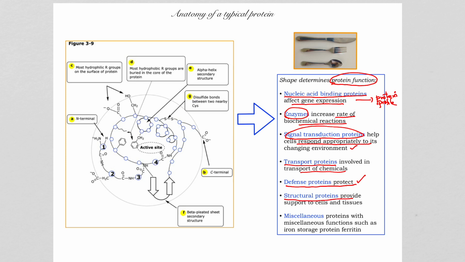Structural proteins provide support to cells and tissues. And then we have proteins that do not fall very well in these 6 categories. And these are the miscellaneous proteins, such as the protein ferritin that stores iron. It stores iron and then makes sure the iron doesn't react to form free radicals. Okay, so this is basically an overview of a typical protein in your cell or in your body.